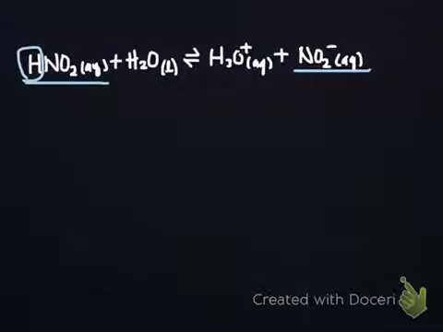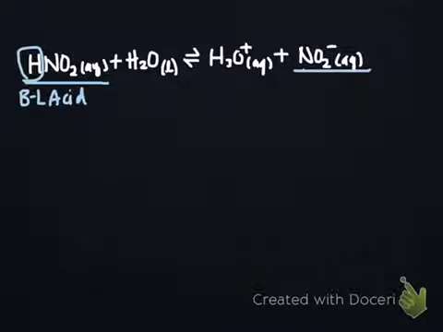Hydrogen, remember, H+ is the same thing as a proton. So if I say hydrogen or proton, they mean the same thing. If this lost a proton to become NO2 minus, I know by definition this is an acid. This is a Bronsted-Lowry acid, something that has donated a proton, or lost a hydrogen in H+ ion.